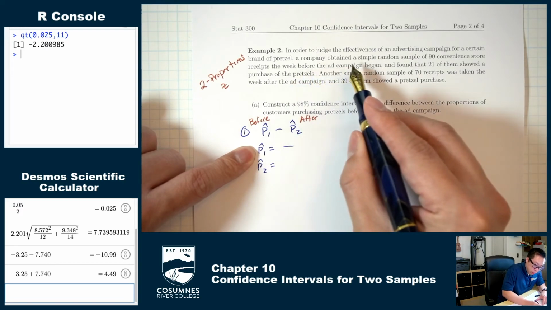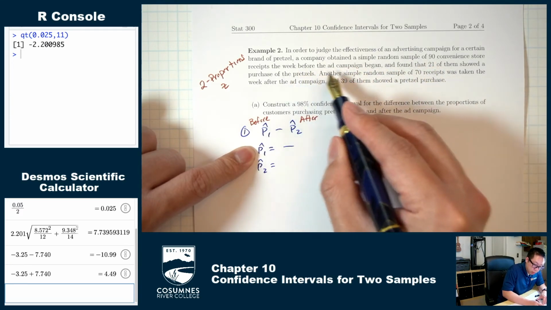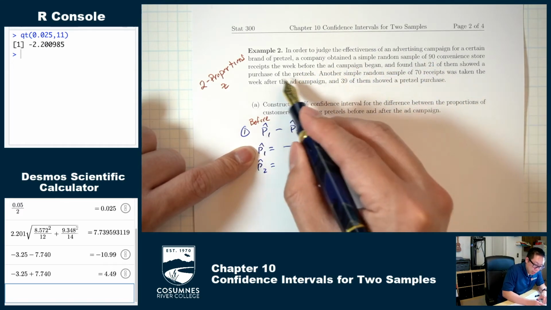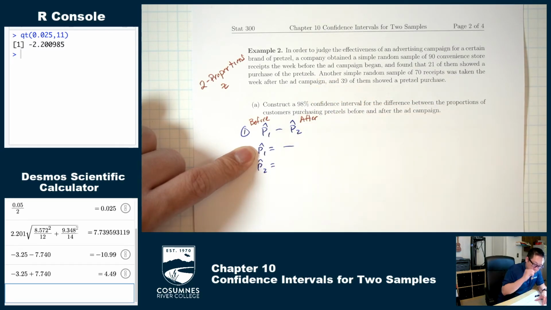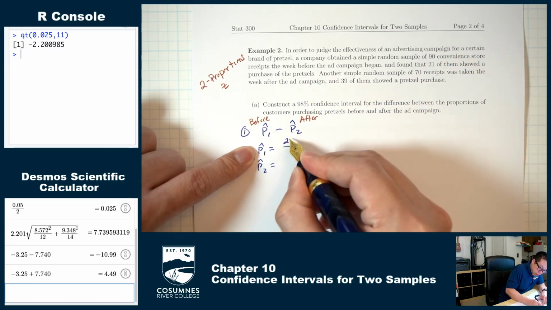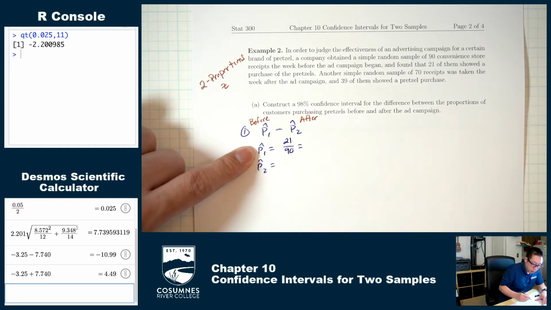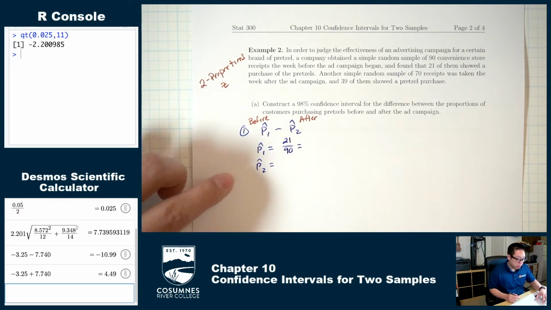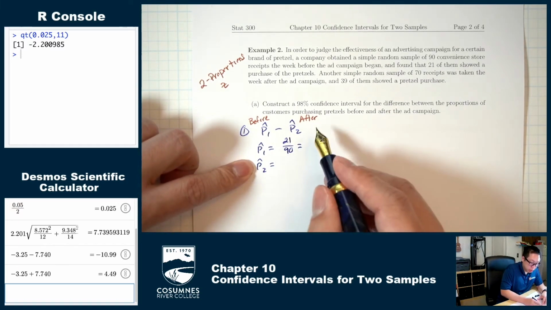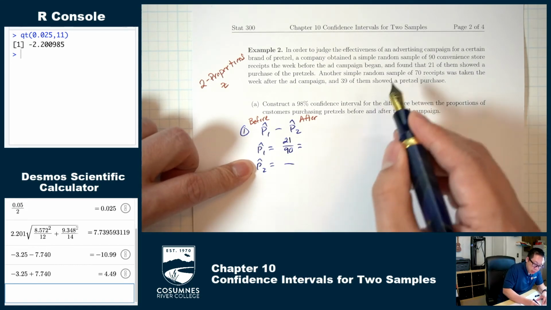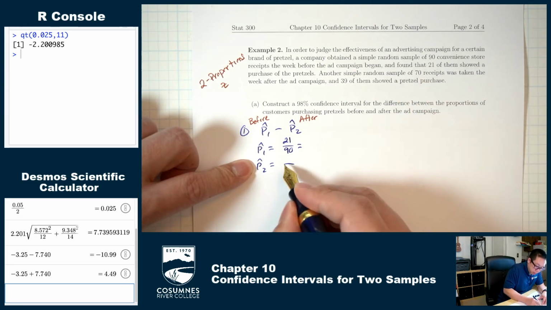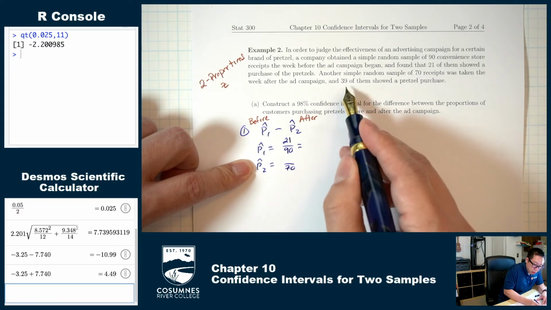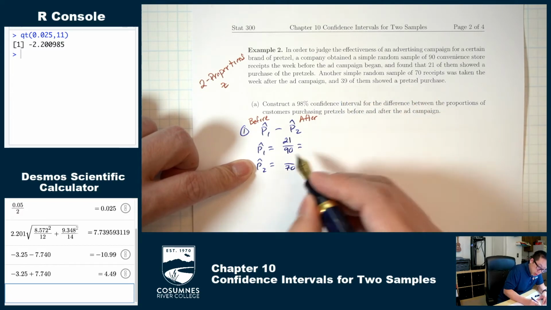For the before, 90 receipts, and 21 of them had pretzels. So our proportion before is 21 out of 90, and we'll calculate that later. P2 hat is the proportion after. For after, we had 70 receipts total, and 39 of them had a pretzel. So this is 39 out of 70.